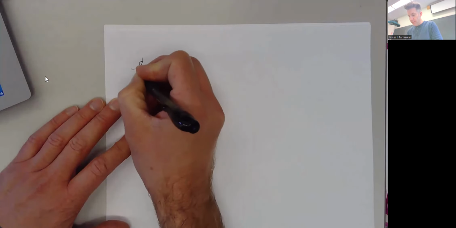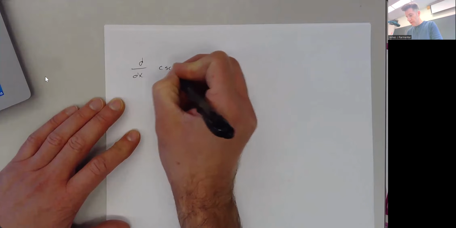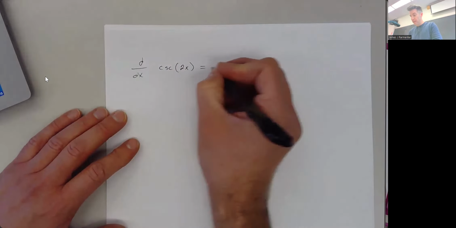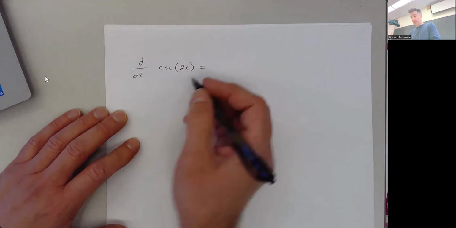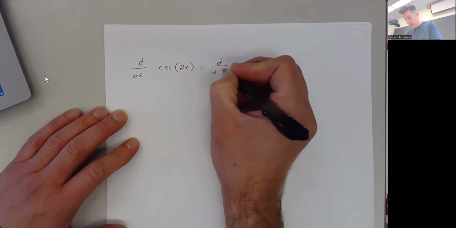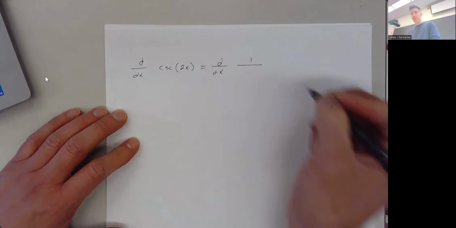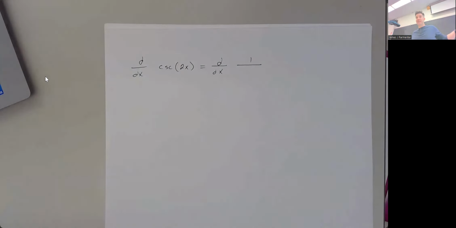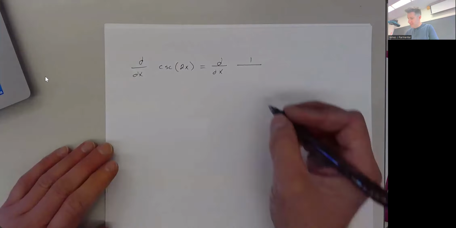In fact, I want you all to do this one as well. So in the same sort of way, I want you all to find the derivative of cosecant of 2x. And you're first going to have to write it as not just 1 over, but the derivative of 1 over sine or cosine. Nikki, I'm asking you because you're the person in class. It's sine.